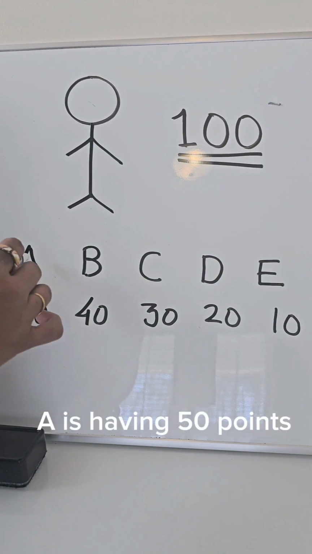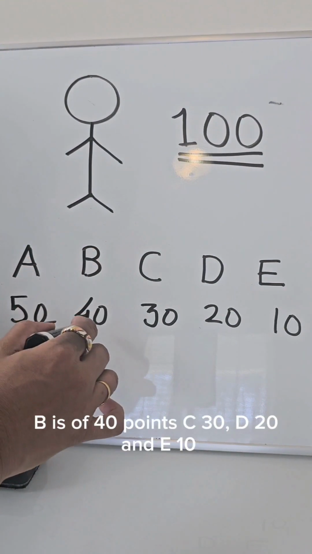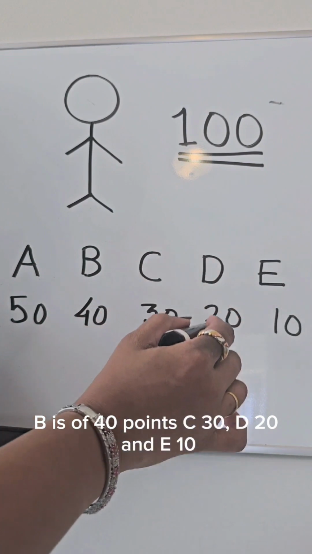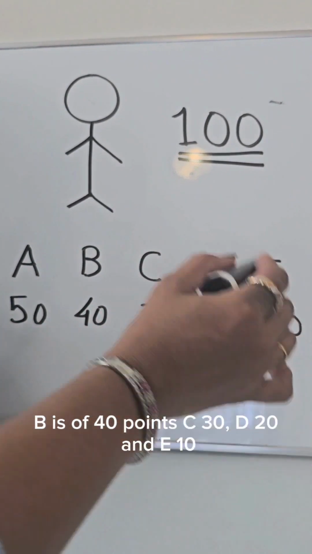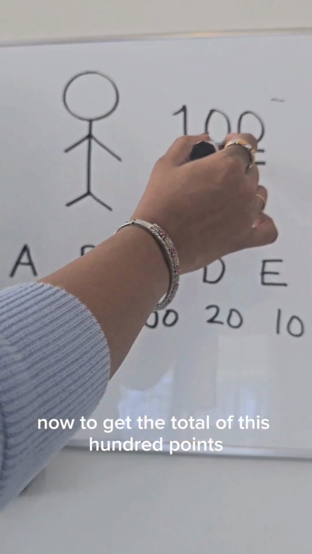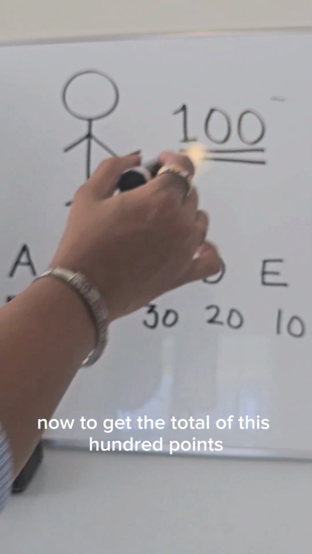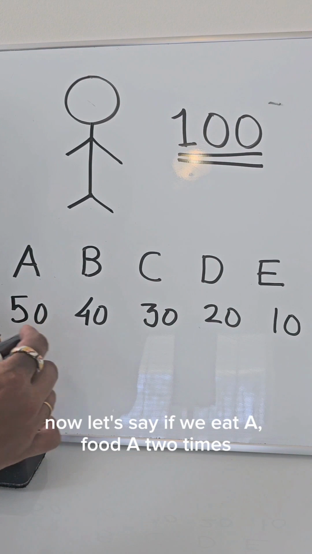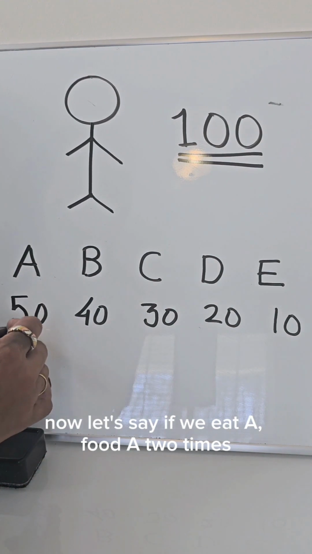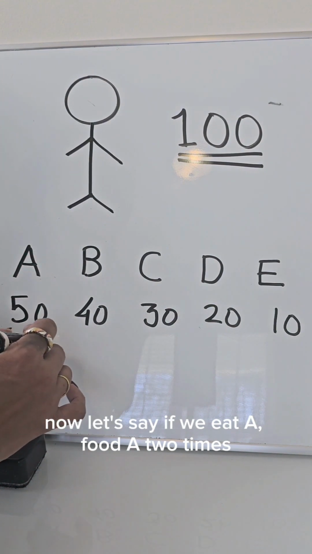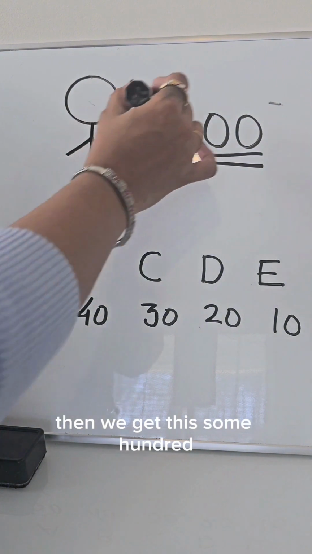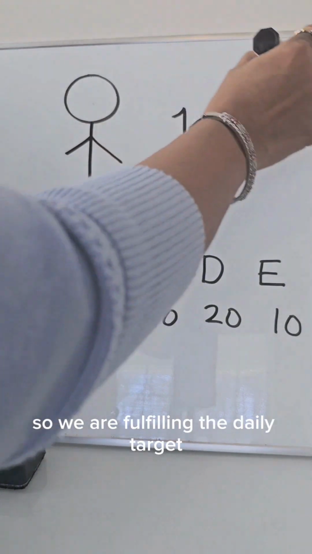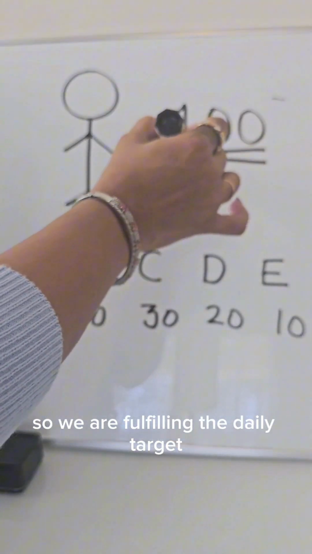A has 50 points, B has 40 points, C 30, D 20, and E 10. Now, to get the total of 100 points, we can eat a combination of these foods. If we eat food A 2 times, then we get the sum of 100. So we are fulfilling the daily target.